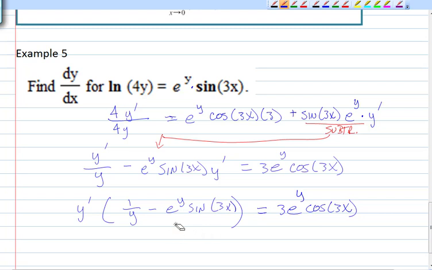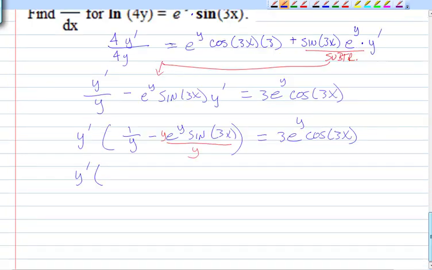Might want to get a common denominator right here. What are we going to multiply this by to get a common denominator? Y over y. So that's going to give us y prime times, I'm going to show this stuff because I think it'll help, 1 minus y e to the y sine 3x over y equals 3e to the y cosine 3x.